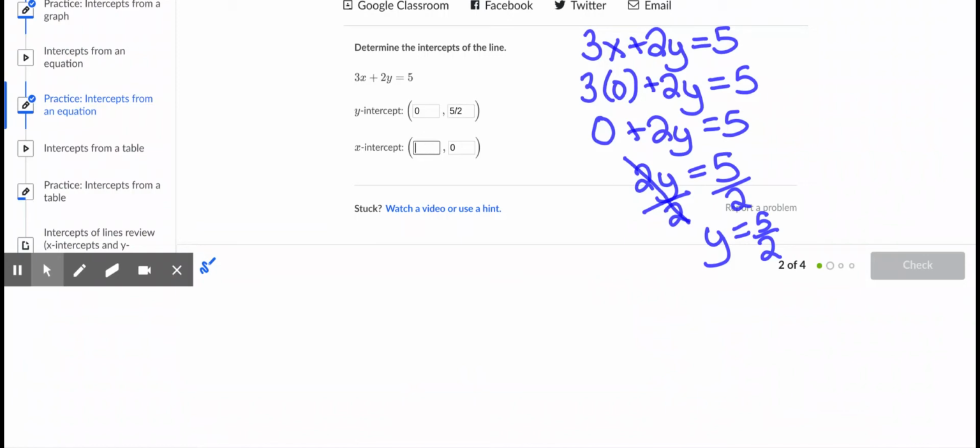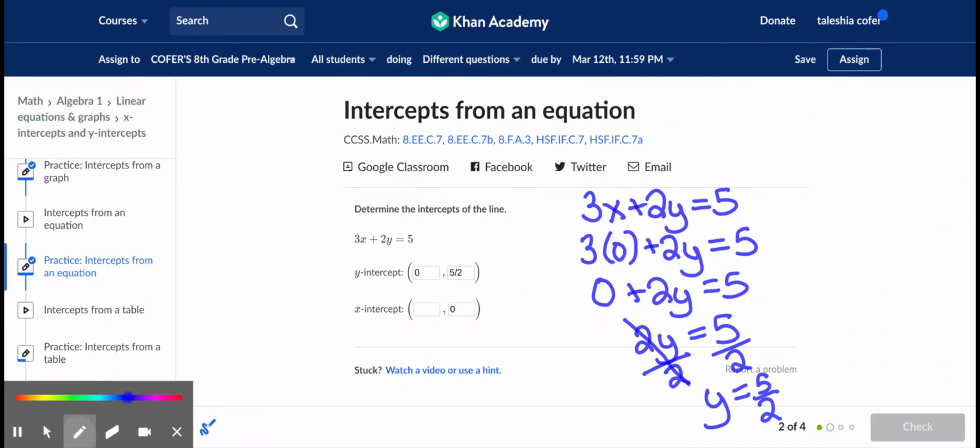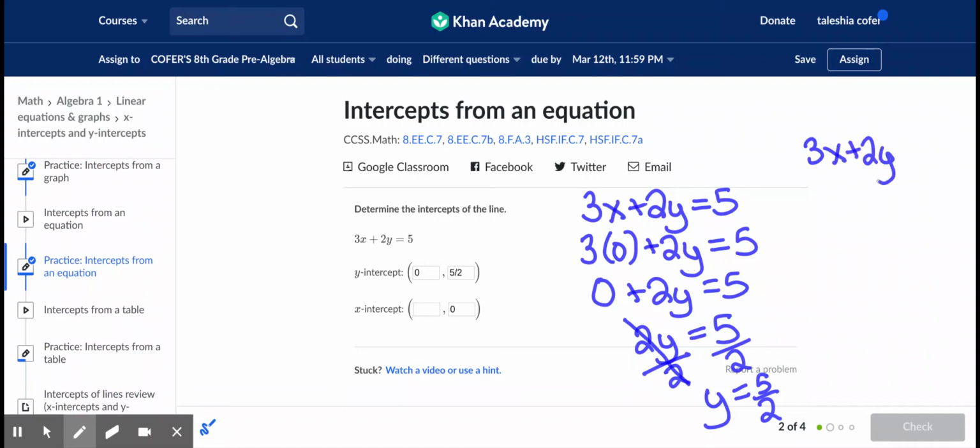I'm now going to solve for my x-intercept. Anytime I have my x-intercept, I know that my y is equal to 0. So I have 3x plus 2y equals 5. And remember, because I'm doing my x-intercept, I have to plug in 0 for y. So now I have 3x plus 2 times 0 equals 5.